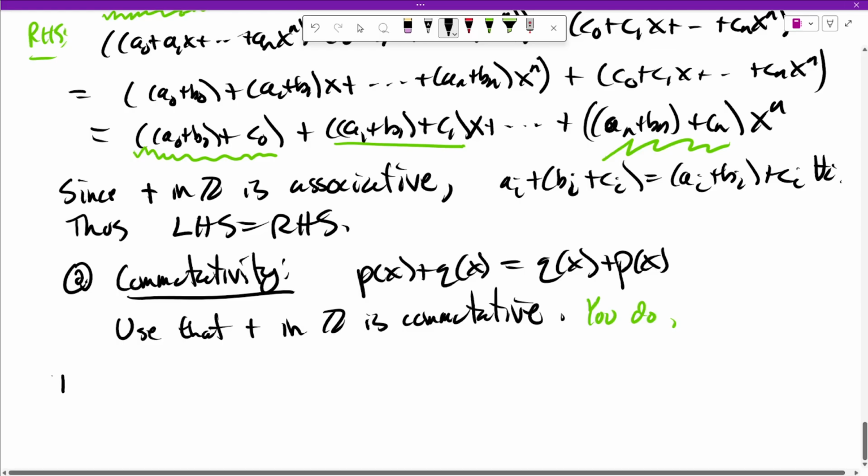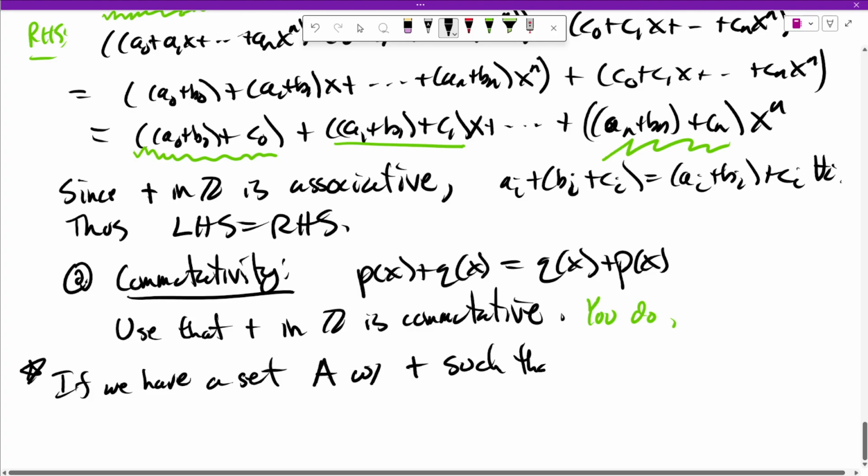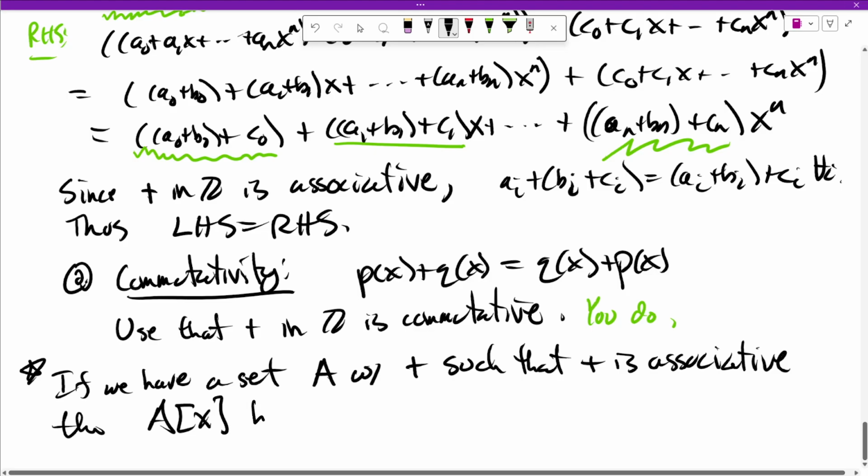So note well, if we have a set A with a plus such that the plus is associative, then we can look at polynomials with coefficients in A and have the same addition law. This has associative addition as well. Same as commutativity.